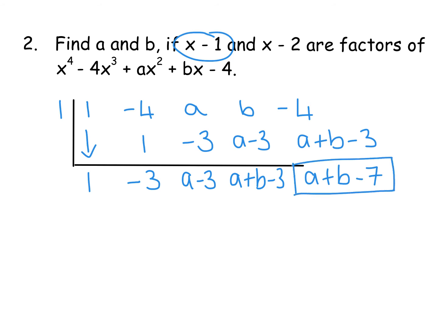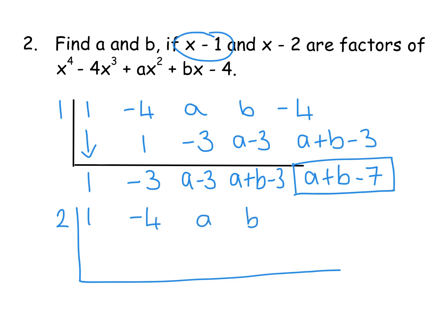And then I'm going to do the same thing again, but I'm going to do it with the number 2 in front of the table. So 1, negative 4, a, b, negative 4. 1 times 2 is 2. 2 take away 4 is minus 2. Double it is minus 4. Add it to a is a minus 4.